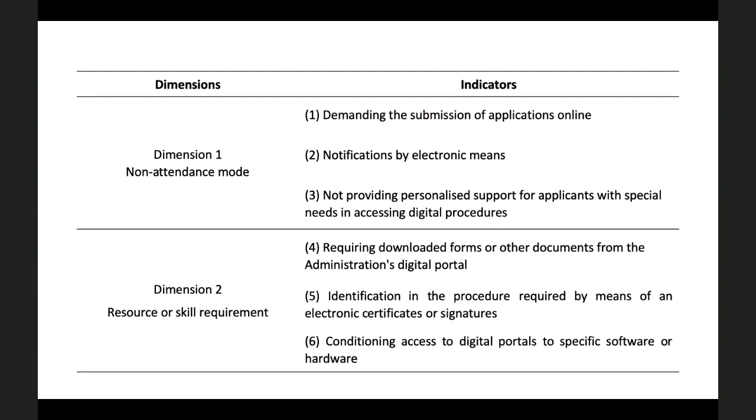In regards to the second dimension, I tried to analyze whether those procedures were requiring the downloading of forms or other documents from the administration's digital portal, both in face-to-face procedures and digital procedures, whether identification was required by means of an electronic certificate, and whether access to digital portals was conditioned on specific software or hardware. For instance, a particular browser or browser version, or a concrete device, laptop, mobile phone.